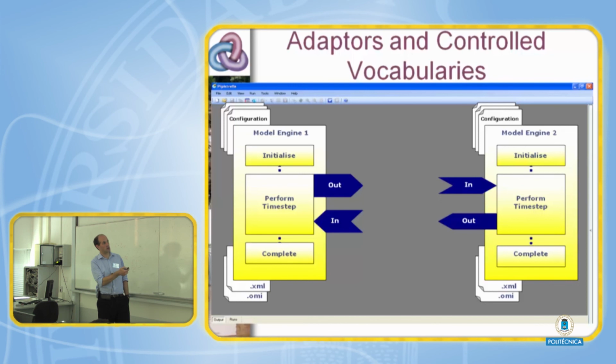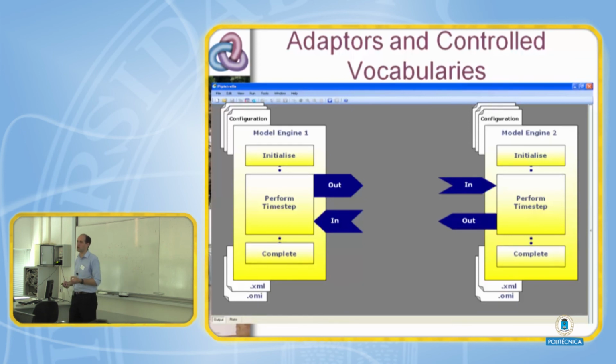Then we perform time steps. Then we wrap up, do the garbage collection, close all the files, and so on. So you'll be familiar, presumably, with this way of writing a model. You initialize everything, you have a time-stepping loop, and you have a wrap-up at the end.